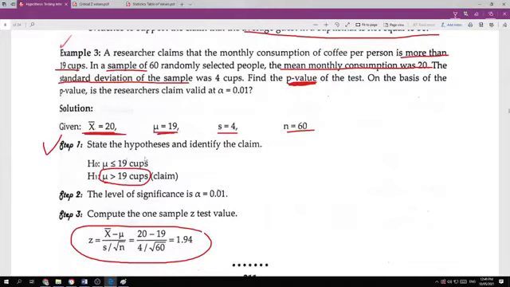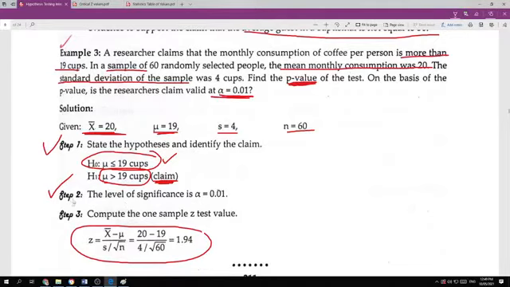That is what I will use in the null hypothesis. Okay? So take note, the alternative hypothesis is the claim, and the opposite of that is our null hypothesis. Now, the level of significance is stated there, it's 0.01. So that's step number 2 already.